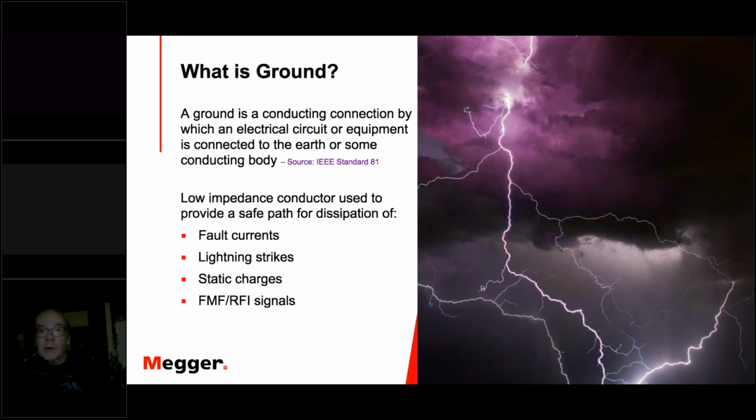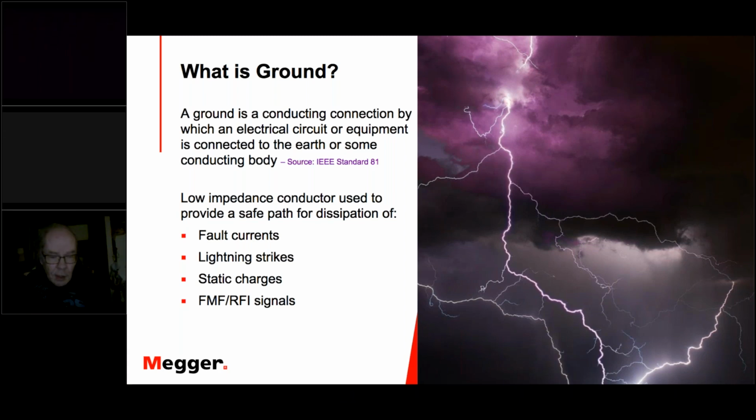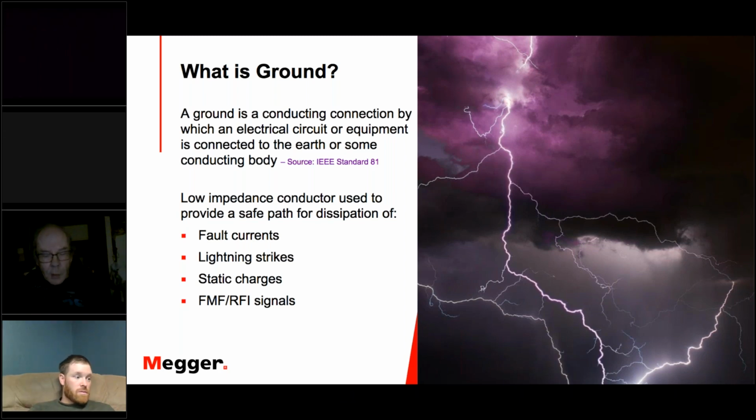And also fault currents, which I'm actually experiencing right now because in Pennsylvania the power has gone out from a storm. So you have all kinds of issues like that where the utility has a problem on the line, and large fault currents can go through your electrical system, and you want to divert them into the ground and not into your electrical system.